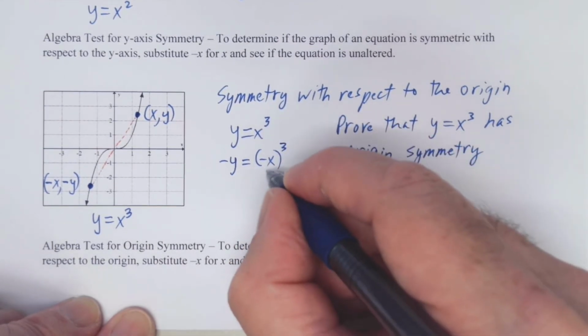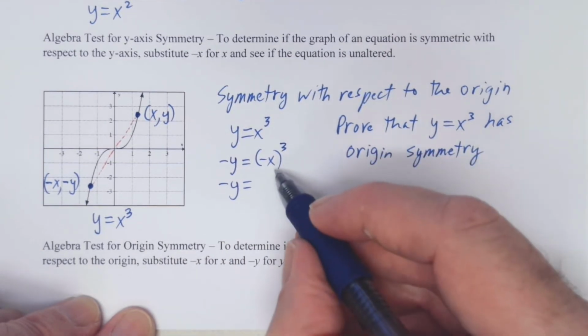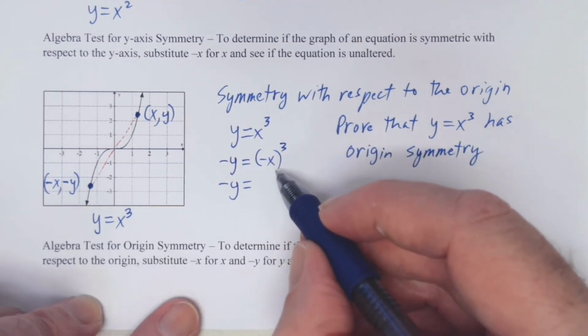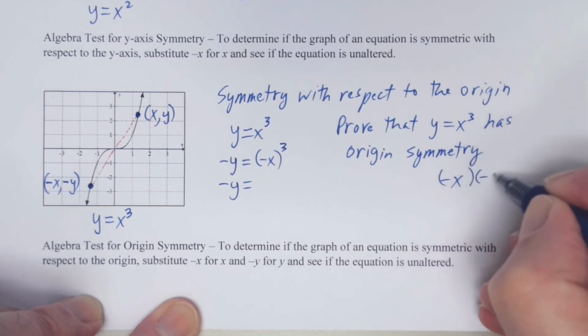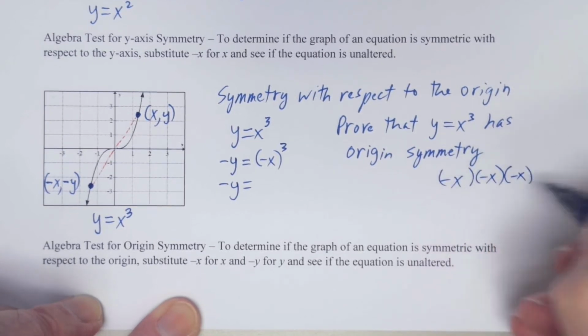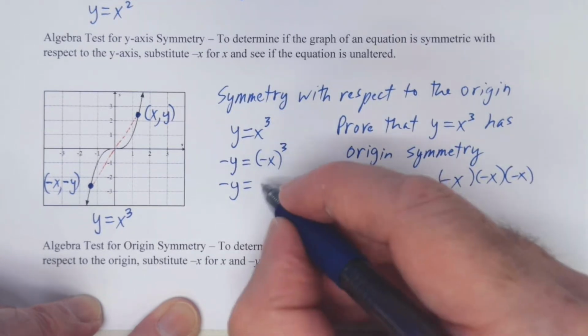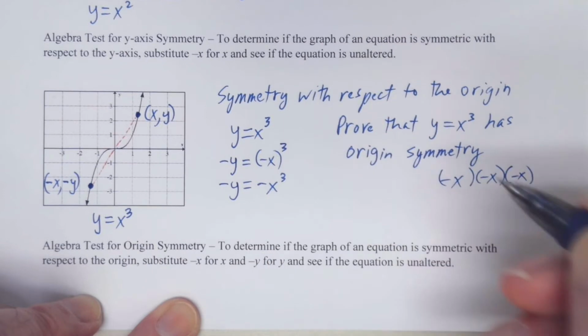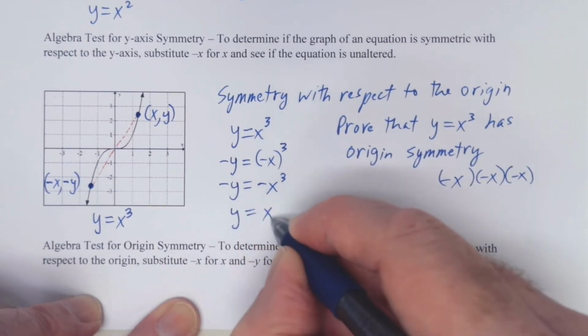Notice we're cubing a minus x. So here we have minus y is equal to, if you multiply 3 minus x's, you're going to get x cubed, and your sign's going to be negative. So it's minus x cubed. Now if I multiply both sides by -1, won't I get y equals x cubed?